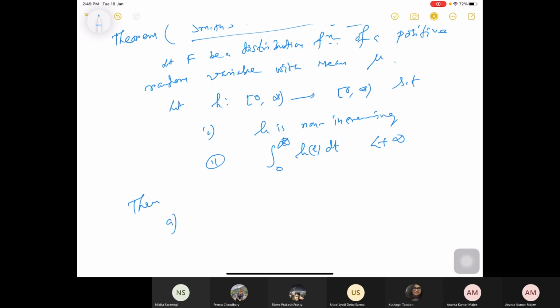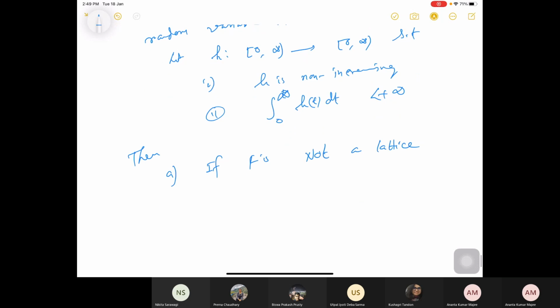Then the first condition is that if F is not a lattice, then what happens? Then the limit as t goes to infinity of Z(t), where I define Z(t) equal to h(t) plus the integral from 0 to t of Z(t minus x) dF(x). This is the solution of the renewal equation, the renewal equation type, no?